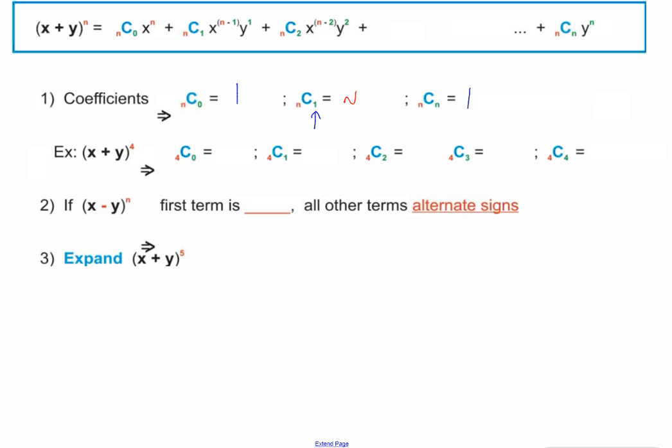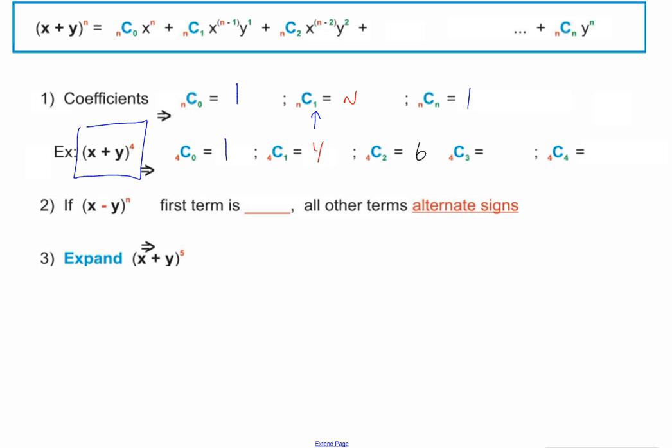So therefore, if we were going to expand x plus y to the 4th, combination 4, 0 is 1. Combination 4, 1 is 4. 4, 2, you're just going to have to figure out with the combination button, which tells you that is a 6.